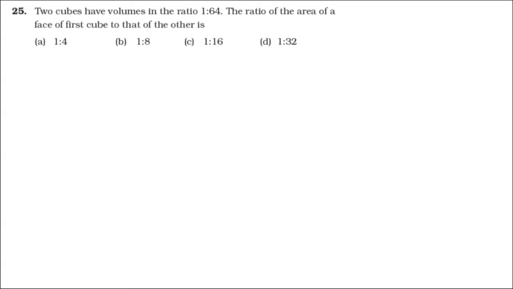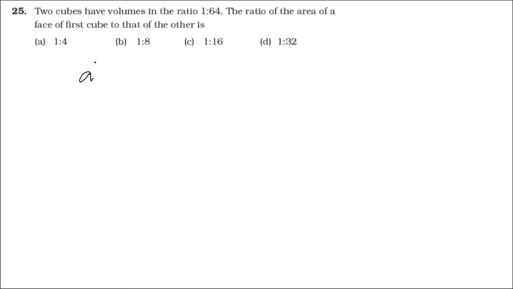Question number 25. Two cubes have volumes in the ratio 1:64. The ratio of the areas of their faces of the first cube to that of the other is. Suppose the first cube has edge A units and the second cube has edge B units.